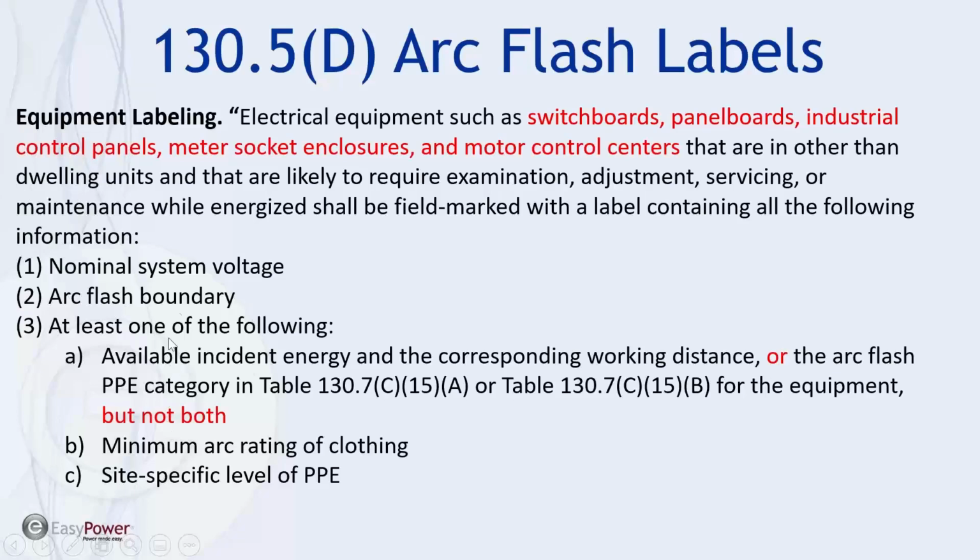Now, the one out that was given to us at the time this was released in 2015 is, as an alternative, one of the following lists shows the minimum arc rating of the clothing. Again, that's exactly what we're talking about, calculating the incident energy, but we're also given the ability to do a site-specific level of PPE.